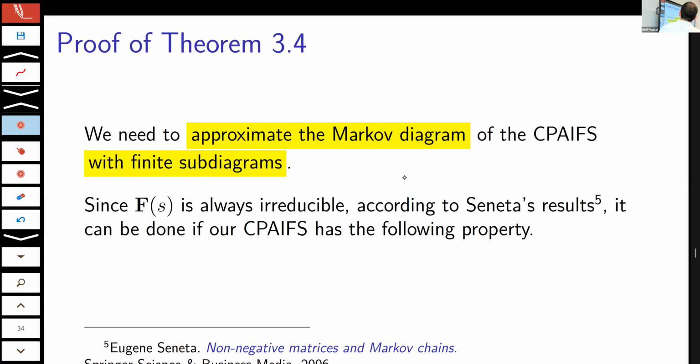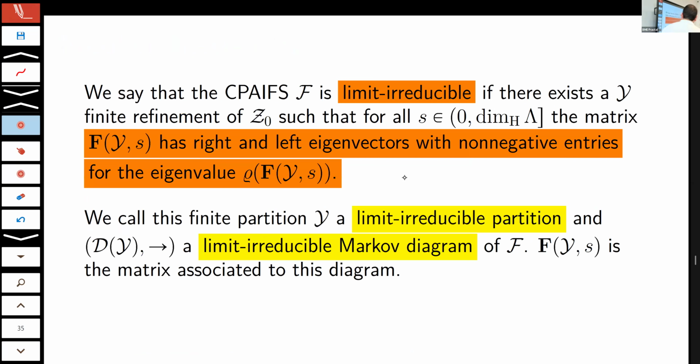To prove this, we need to approximate the Markov diagram of this piecewise affine iterated function system with finite subdiagrams. And then we will rely on Senator's result. According to Senator's result, it can be done if the piecewise affine system has one other property, because irreducibility itself is not really enough. We need the existence of certain eigenvectors.